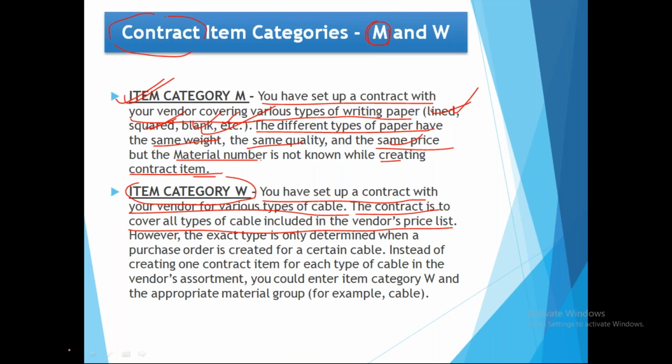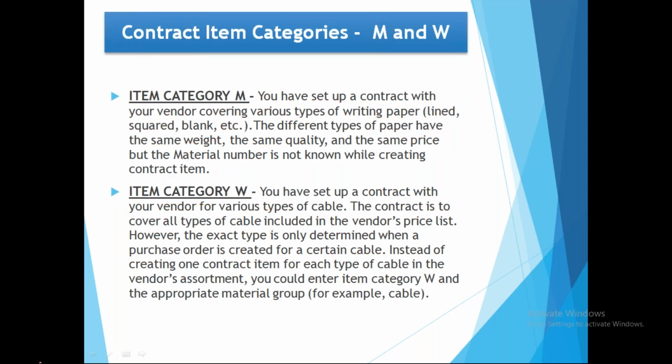Instead of creating a contract for each cable material, you can have a single contract created with item category W. The exact cable will be determined when you create the purchase order from that contract, when you enter the actual material number. So you can create a contract with item category M and W.